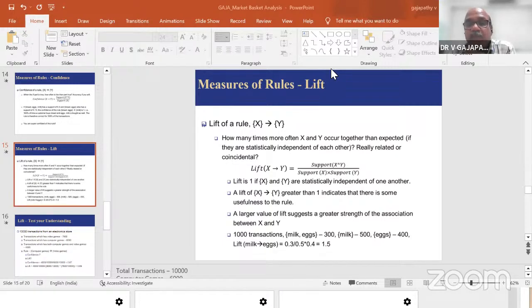Yes, sir. This is 1.5. Therefore, 1.5 means 1.5 divided by 1. Now I have to increase the individual support. So it will become 1. Therefore, what shall I do? Say, for example, I am giving like this.